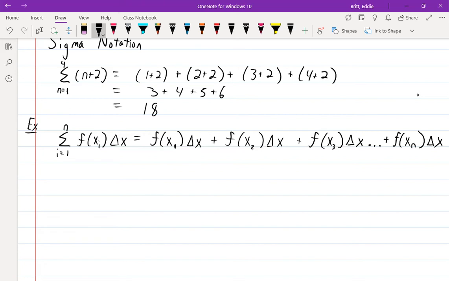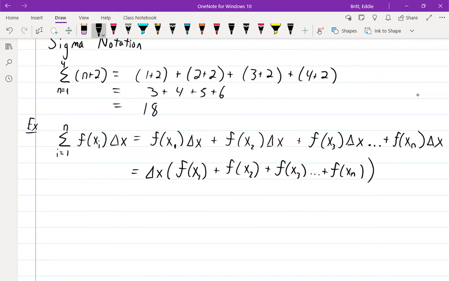Now, since I'm multiplying each one of those terms times delta x, that's going to be a number, like a change in x that's going to be constant. I could also write this as delta x times f of x sub 1 plus f of x sub 2 plus f of x sub 3, and then dot dot dot plus f of x sub n.